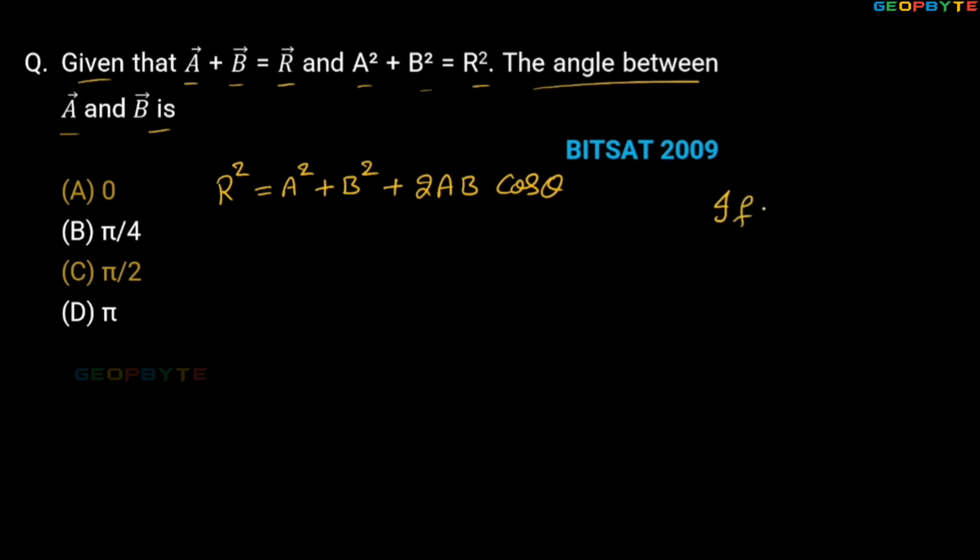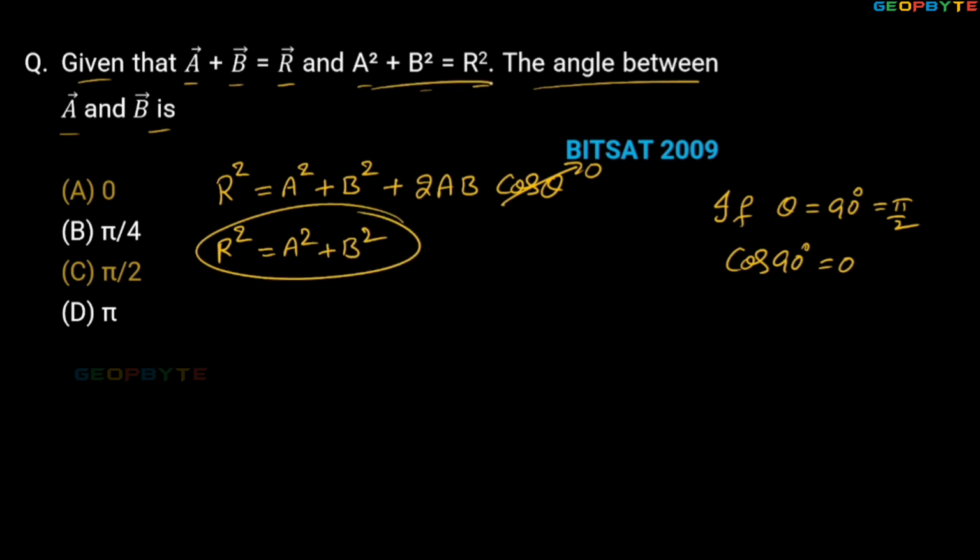If, for example, theta equal to 90 degrees, that is pi by 2, cos 90 equal to 0. Then this part is 0, so R square equal to A square plus B square. So to have R square equal to A square plus B square, theta must be equal to 90 degrees, that is pi by 2. Look at option C. Option C is absolutely correct.